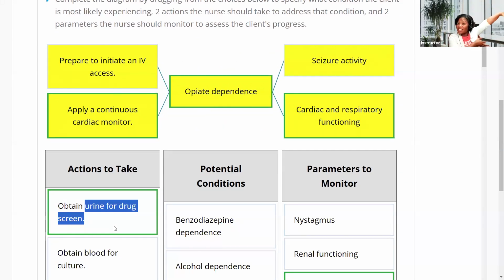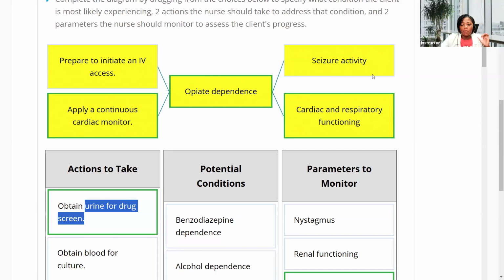Maybe anything else that's in the body that could also be causing these symptoms. In light of the history of substance abuse, we as nurses want to always get some type of drug screen because then we can see what the patient may also have in their system that could be contributing to the symptoms we see.